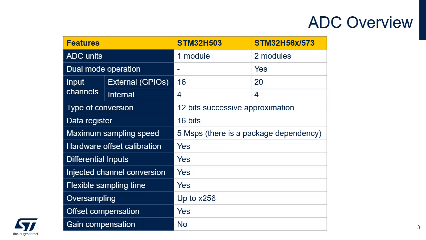There are also several different triggering methods. The injected group can preempt the execution of the regular group sampling sequence. In order to offload the CPU, the ADC has an analog watchdog for monitoring thresholds. The ADC also offers oversampling to extend the number of bits presented in the final conversion value.